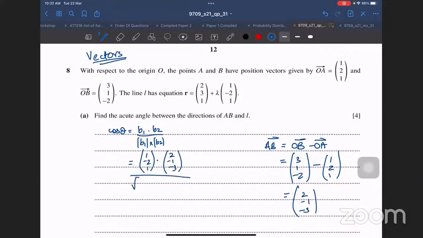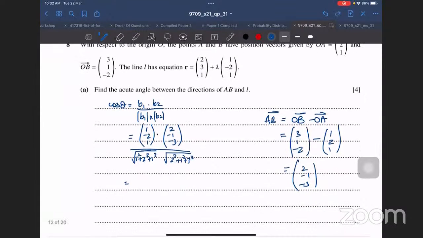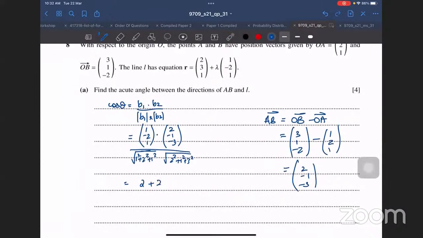Taking the magnitudes of both, I get 1 squared, 2 squared, 1 squared, and 2 squared, 1 squared, and 3 squared. In the numerator, I have the dot product, which is 2 plus 2 minus 3. In the denominator, I have 4 plus 2 is 6, minus 4 is 13, and 14. I use that to calculate theta.